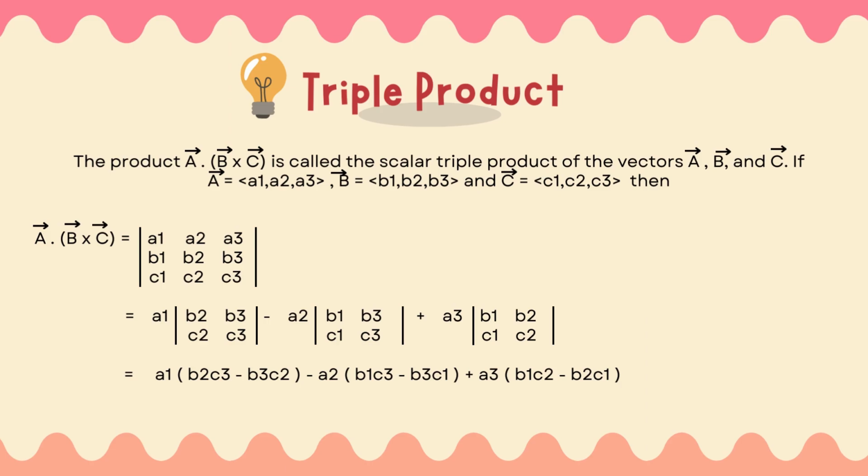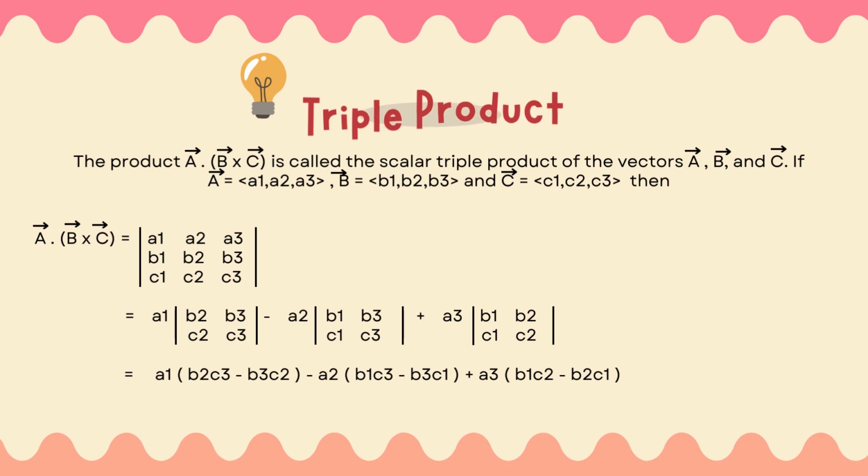Then A1 multiplied by B2, C2, B3, C3 minus A2 multiplied by B1, B3, C1, C3 plus A3 multiplied by B1, B2, C1, C2. Then A1 multiply B2 C3 minus B3 C2, minus A2 multiply B1 C3 minus B3 C1, plus A3 multiply B1 C2 minus B2 C1.